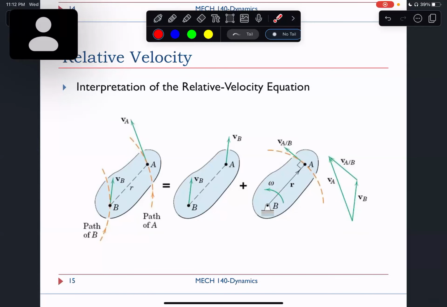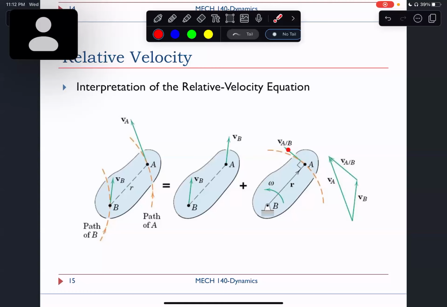Here we talk a little bit about the graphical interpretation of this. So this is the absolute path of point B. This is the absolute path of point A, and these are the velocities, absolute velocities. Okay. Now, what I'm doing is writing VA as VB because it is moving with VB, right?